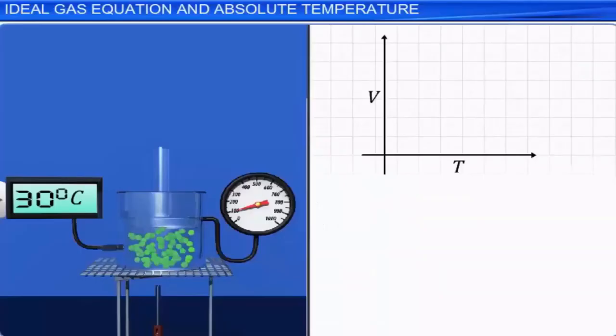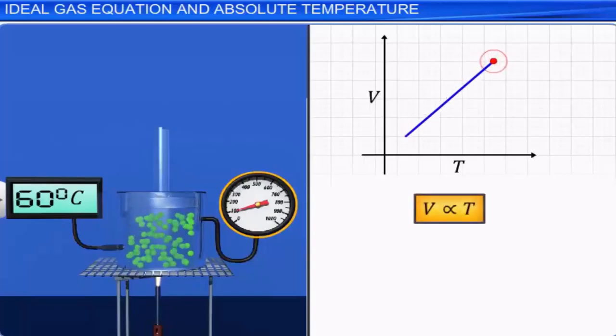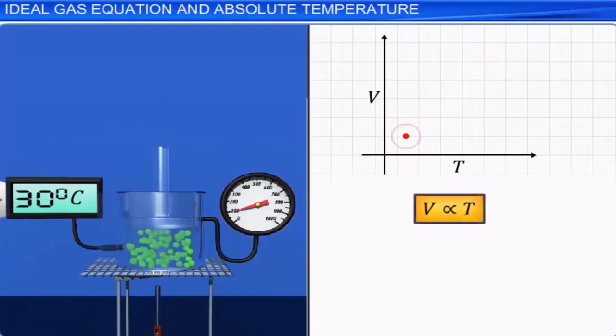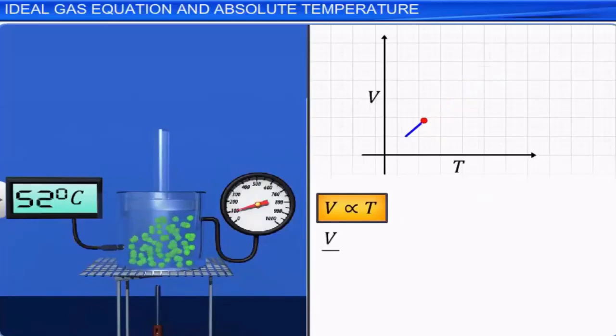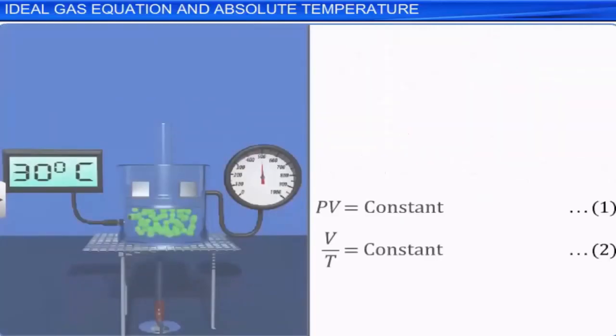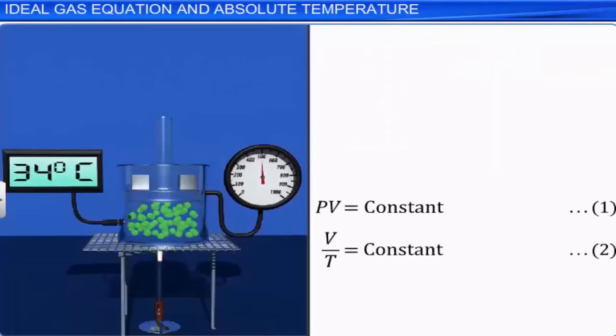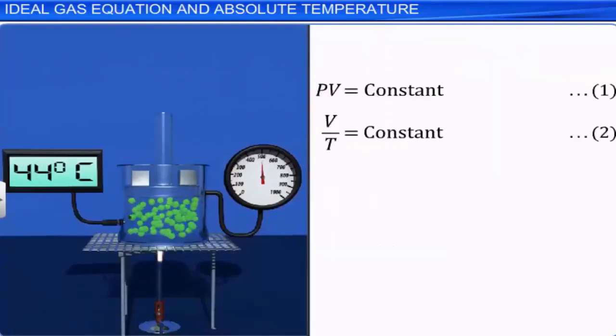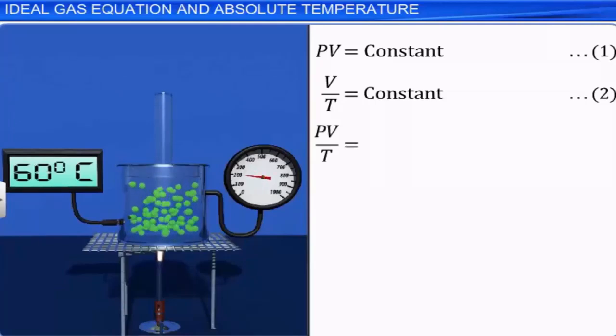According to Charles' law, at constant pressure, the volume of a given mass of gas is directly proportional to its temperature T. Therefore, V by T is constant. On combining equations 1 and 2, we get PV by T is equal to constant.